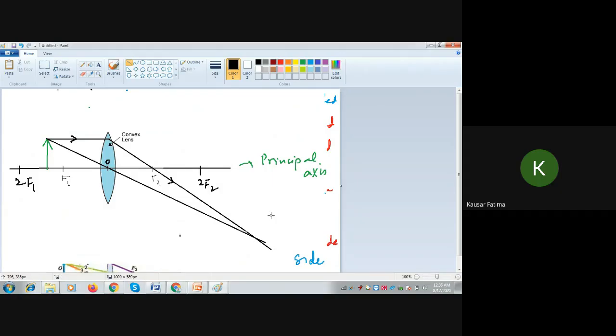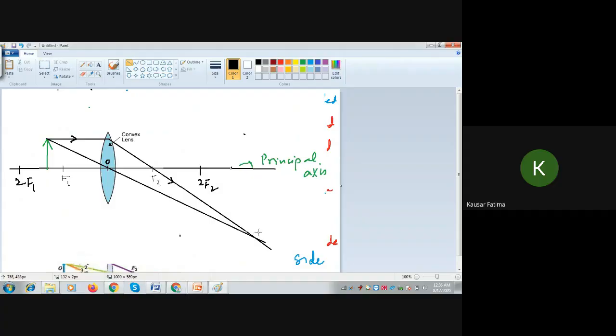This is the point where the two rays are meeting. I have to elongate the optical center. The image is formed here.